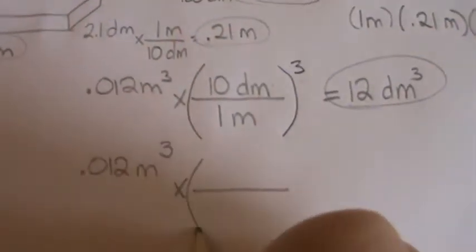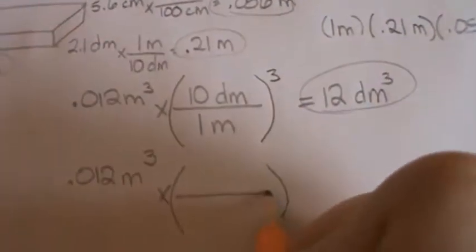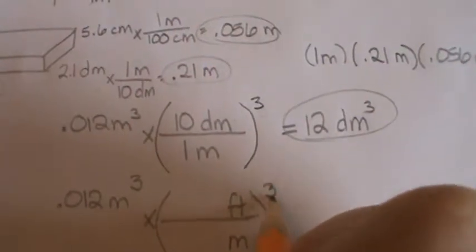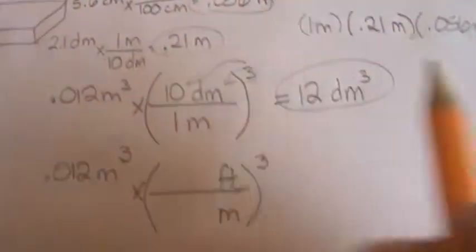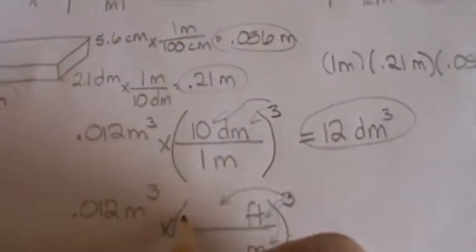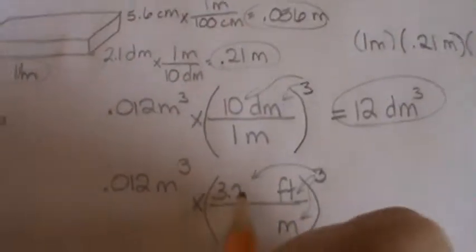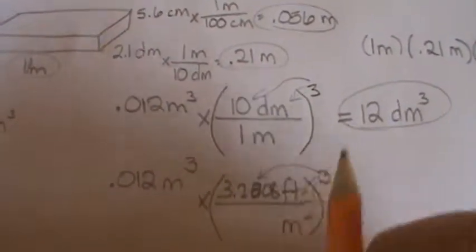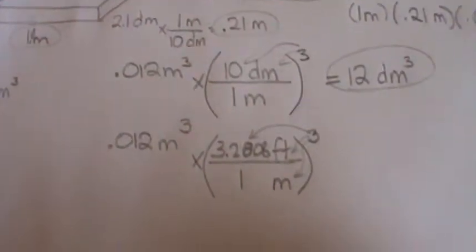So again, I need to compare these. Here I have meters to feet, and I have to put that cube outside. So you cube everything here and here, to cube the feet, cube the meters, and cube this number, which is 3.2808 feet to 1 meter.